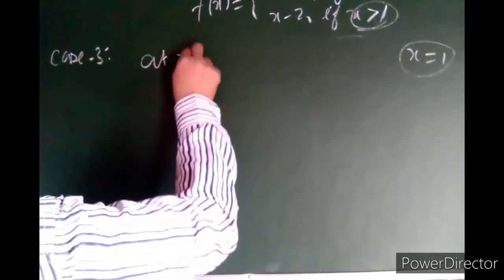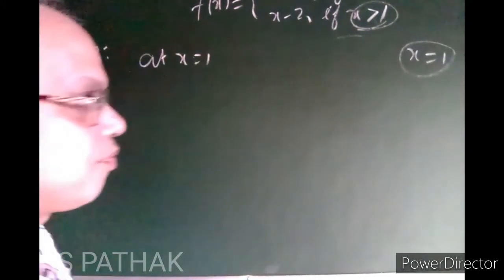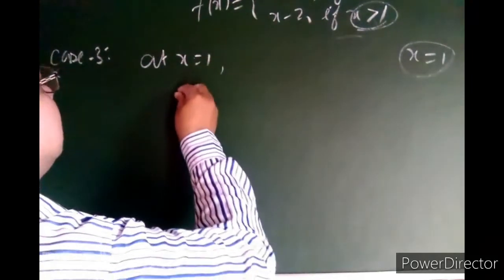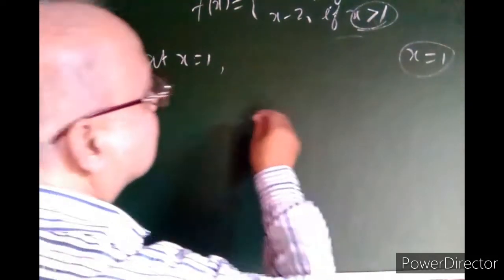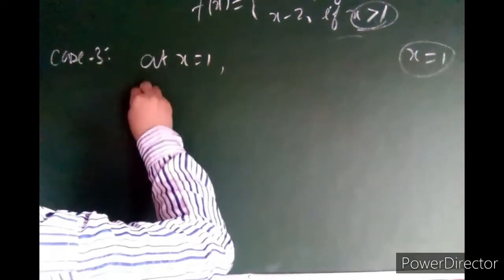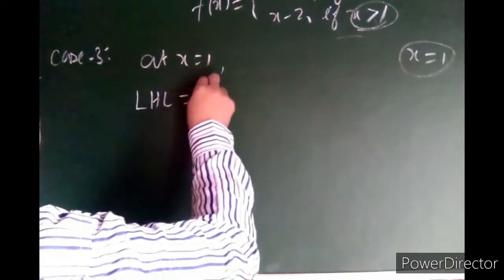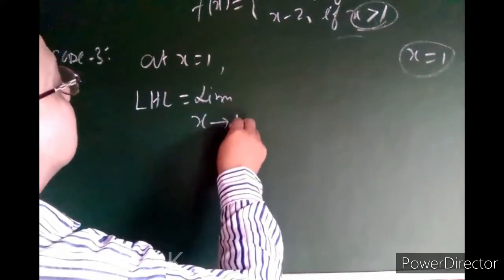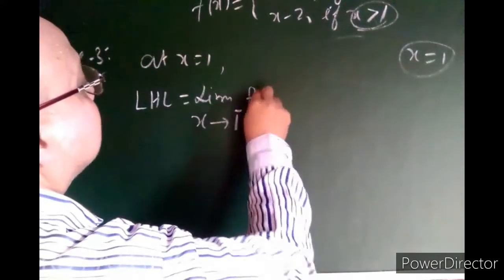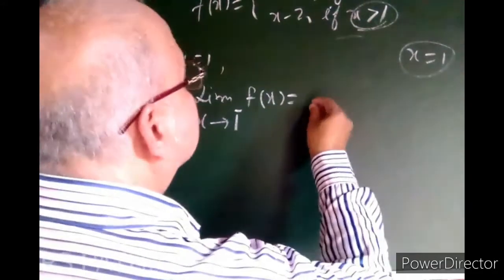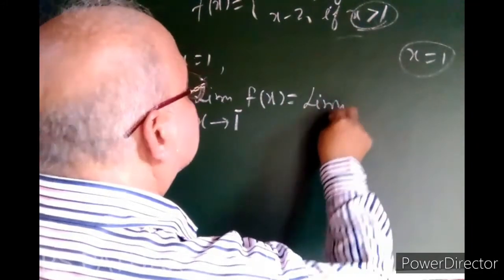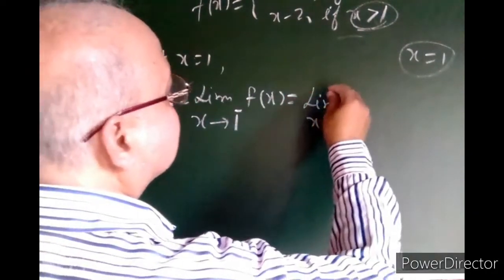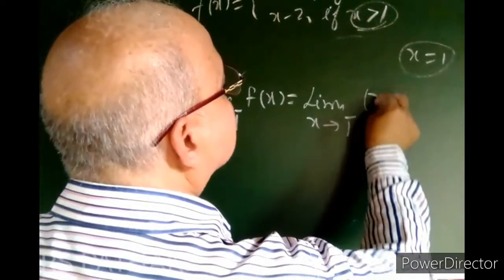Now the third case is at x equal to 1. I will find the left hand limit. Left hand limit equals the limit as x tends to 1 minus of f(x). f(x) means x plus 2.